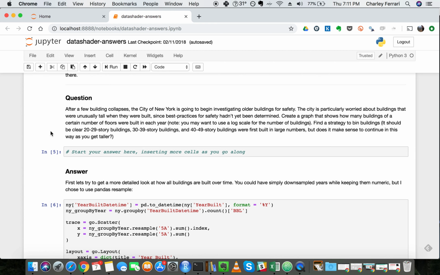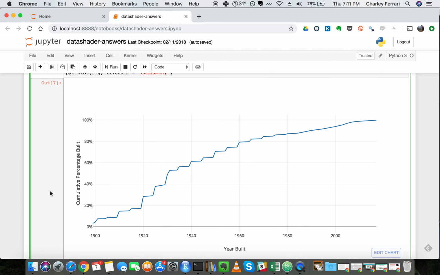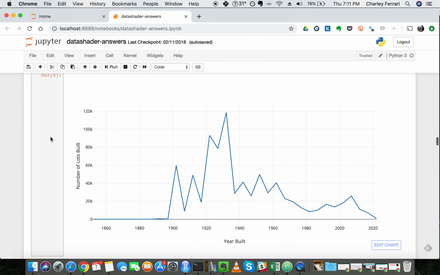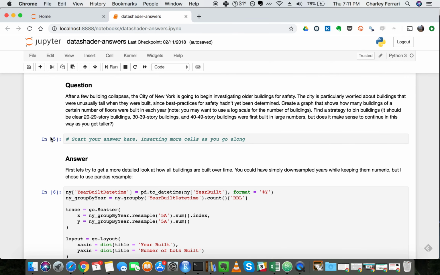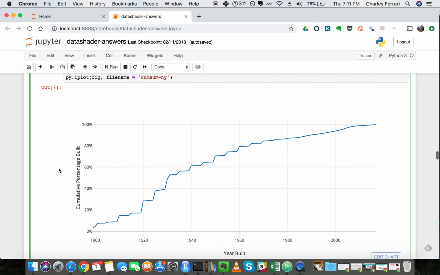So this is all buildings, but what we're able to get is when most of the buildings in New York were built. I intentionally left the question vague, in that I didn't give a specific cutoff. And using a cumulative graph like this means that viewers could pick their own cutoff, and make that judgment for themselves.